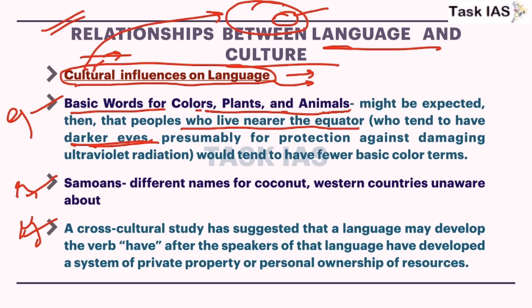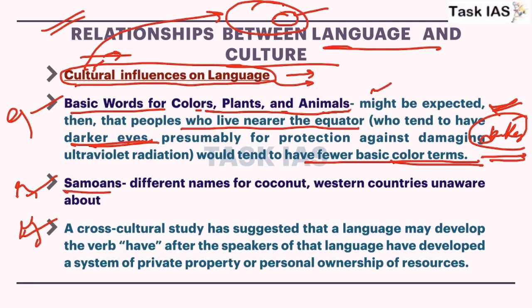So people tend to have fewer basic color terms, because their focus is more on darkness. You can easily imagine how dark blue and dark black sometimes become difficult to differentiate. That's why they have limited color terms. But those people who live away from the equator have more terms for colors. So this was one experiment.